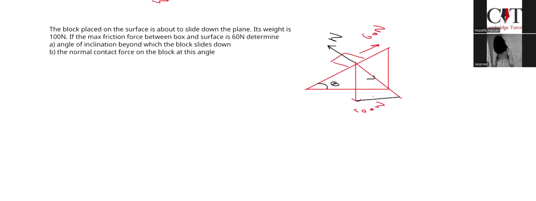It is W cos theta, and this force is W sine theta, where theta is this angle of the triangle. Is it clear till now? Yes, sir. So now tell me how will we calculate the angle of inclination?